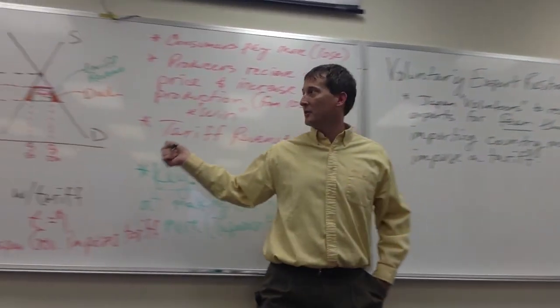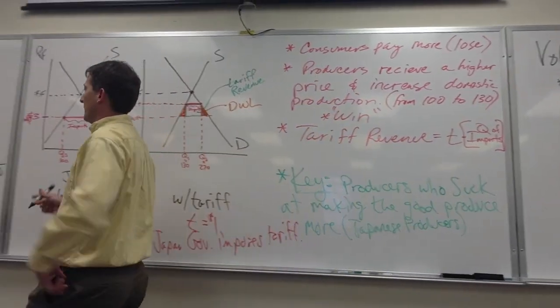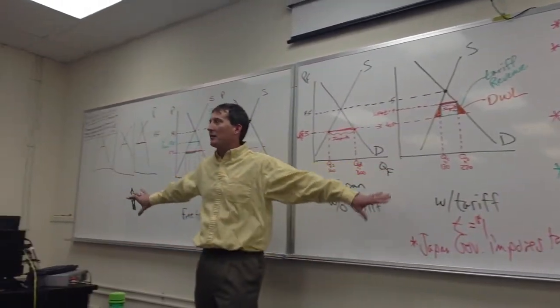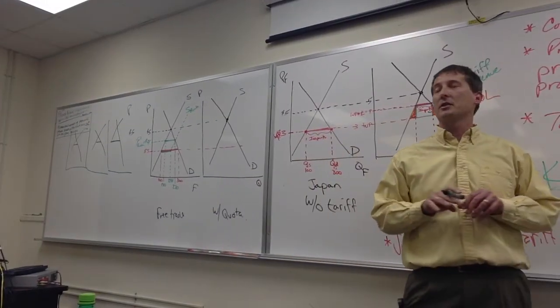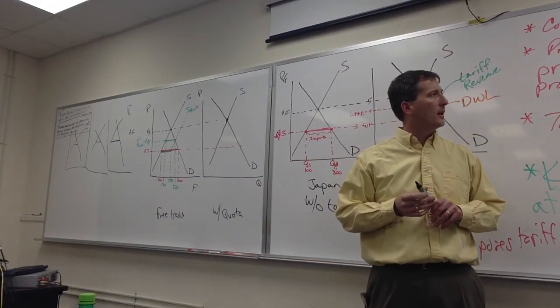And we just got done showing that if that's their choices in life, they'd prefer to have a quota rather than a tariff. So they said, hey, wait a second, we'll just do that, no problem.